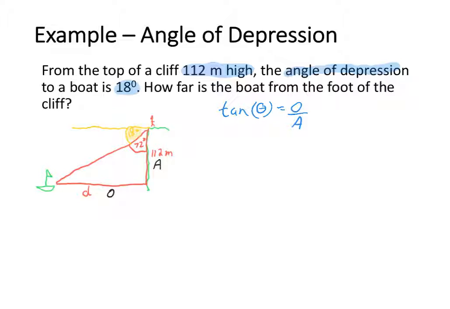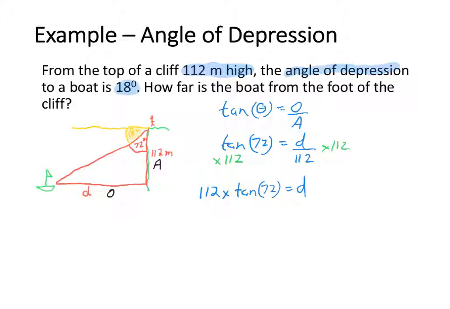So substituting in my known values, tan of 72 is equal to d over 112. I want to find out what d is by rearranging that equation. So I can multiply both sides by 112. So I can work out that 112 times tan 72 is equal to my d value.